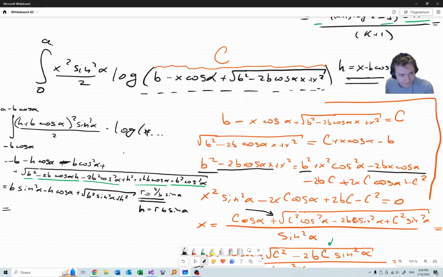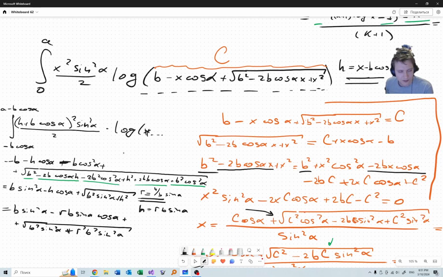Now we have b sine squared alpha minus r b sine alpha cosine alpha plus the square root of b squared sine squared alpha plus r squared b squared sine squared alpha, which is equal to b sine alpha times sine alpha minus r cosine alpha plus the square root of r squared plus 1.